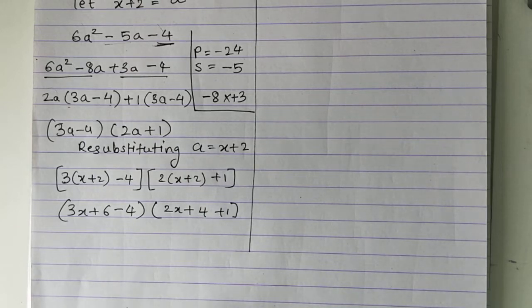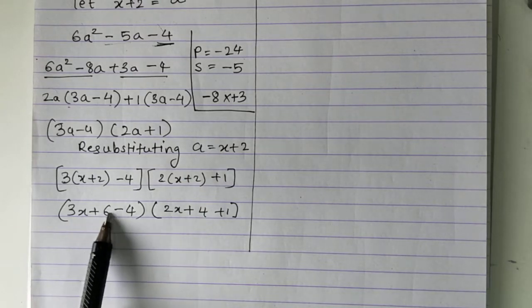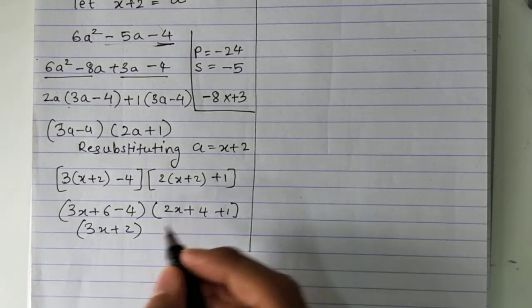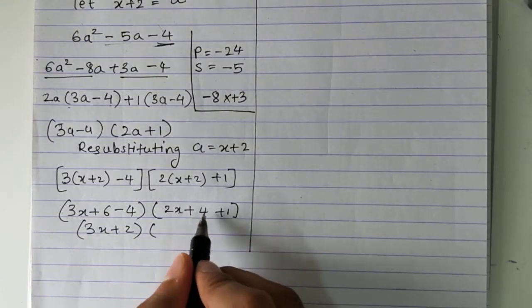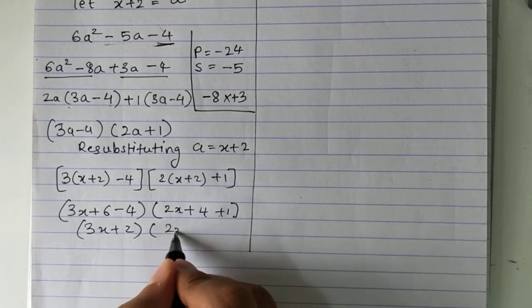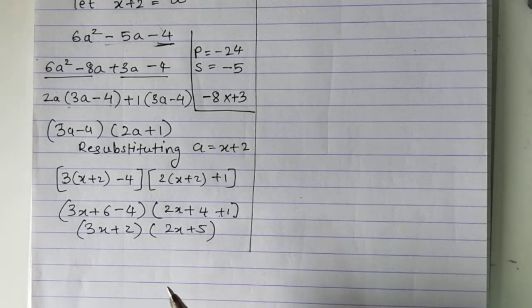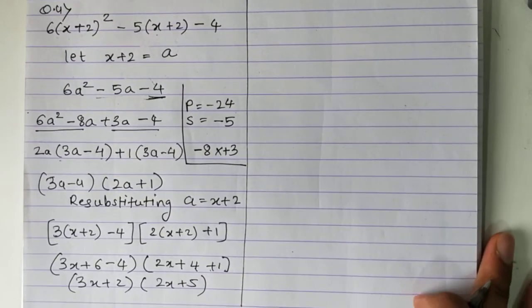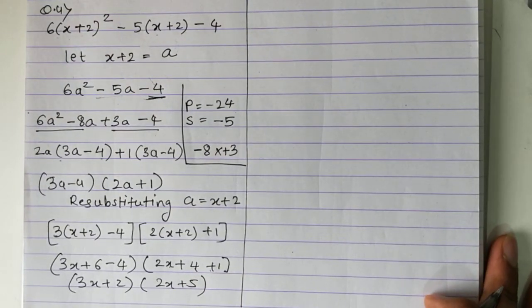Now here I will have 3x plus 6 minus 4. 6 minus 4 is 2. So 3x plus 2. And here 2x plus 4 plus 1. 4 plus 1 is 5. So 2x plus 5. This is my final answer. Copy it down.